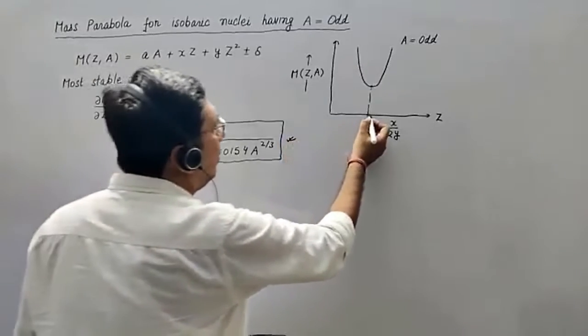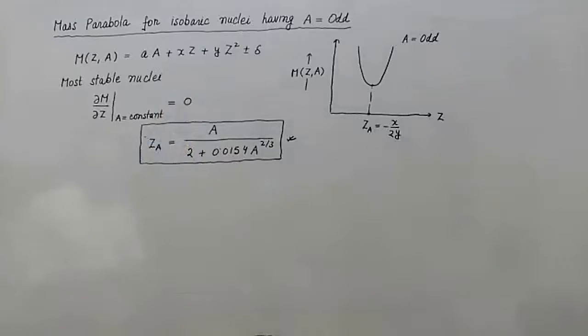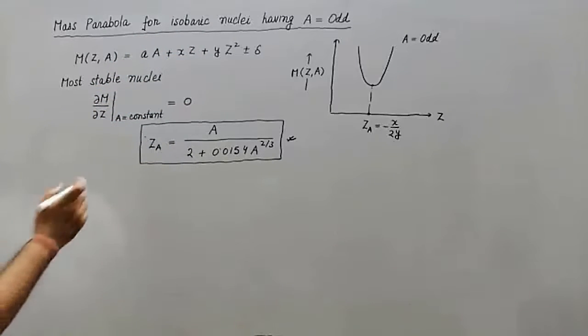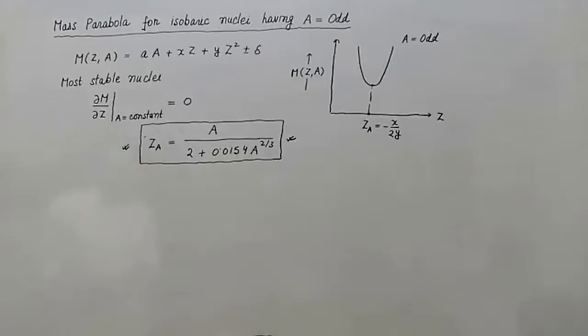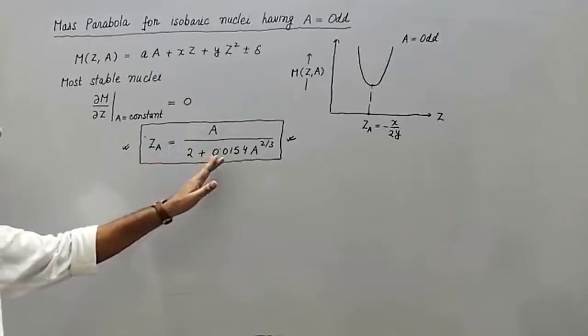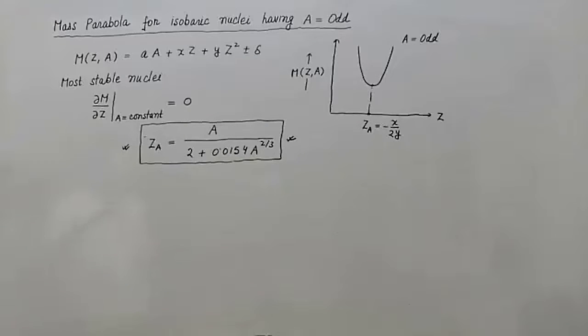So basically, in an isobaric family, the Z number of the most stable nuclei is given by ZA is equal to A upon 2 plus 0.0154 A to the power 2 by 3. Up to this point, we have found the Z number of the most stable nuclei.